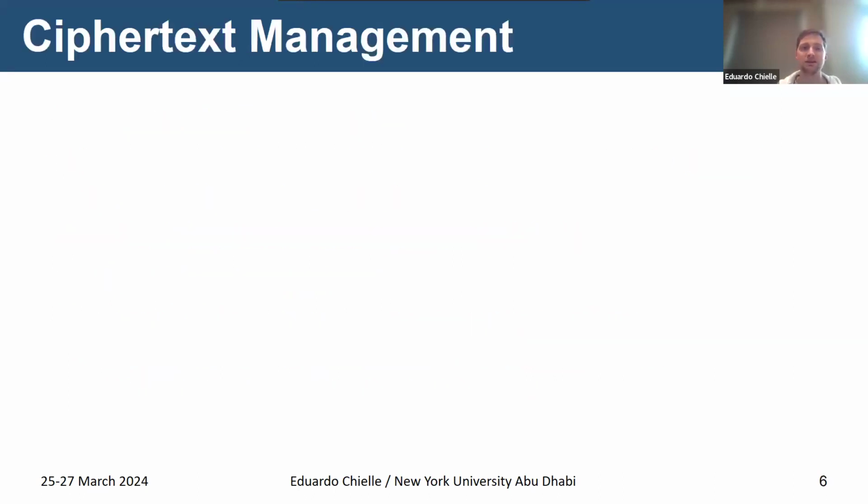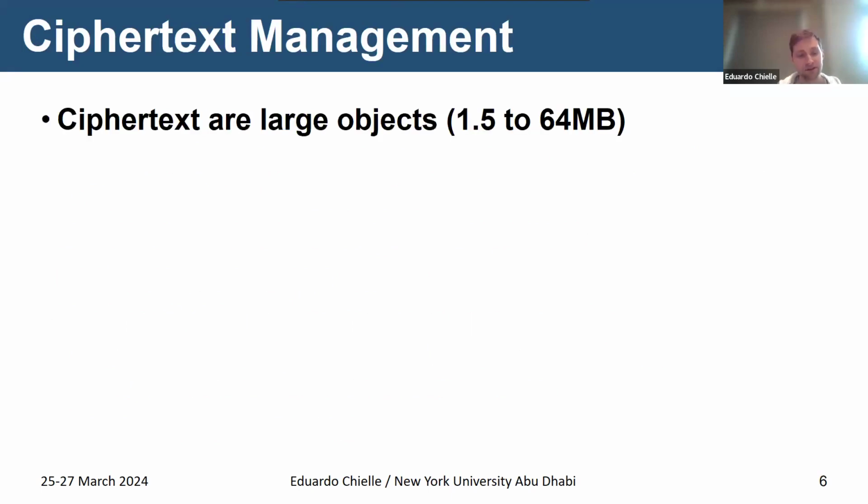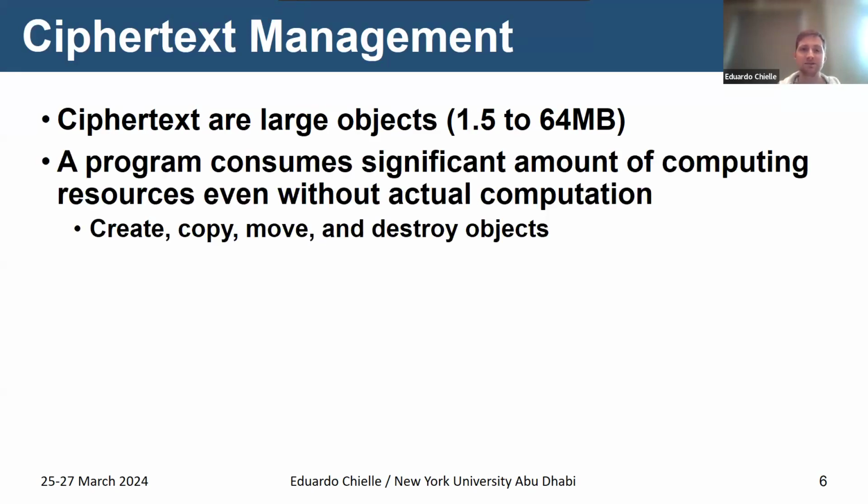Let's start first with ciphertext management. The first thing is that ciphertexts are very large objects. FHE ciphertexts are in the megabytes. And handling these objects, like creating, moving, destroying, copying, is very costly.